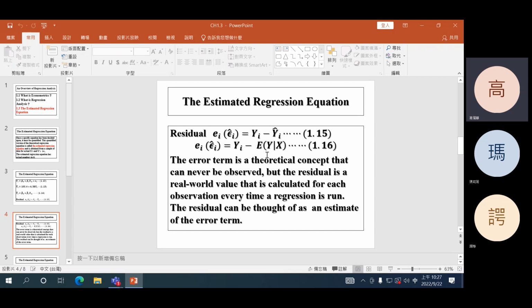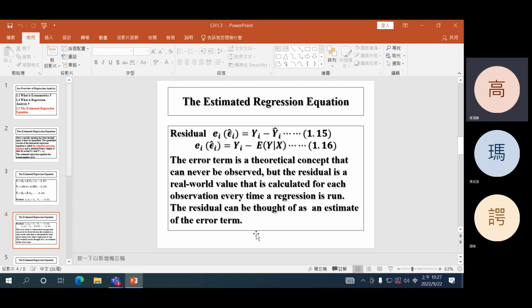So y hat is the expected value of y given x, which is a deterministic component. Okay, but the error term always changes, can be positive or can be negative.